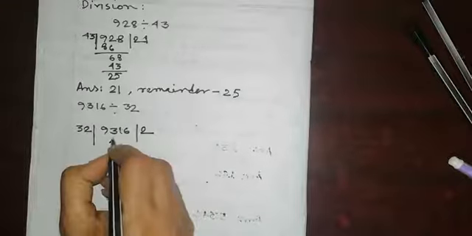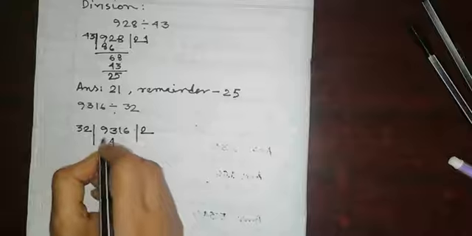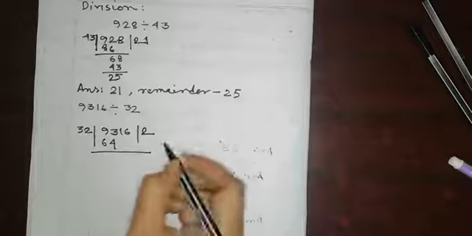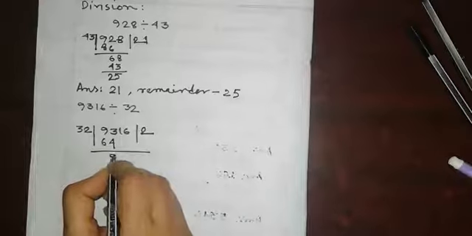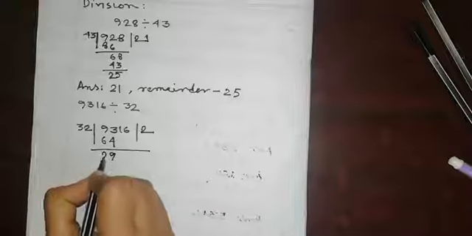So we have to put 2. 2 2s are 4 and 2 3s are 6. Then we just subtract 13 to 9, that means 9. Then actually it will be 8 to 6, 2, isn't it?